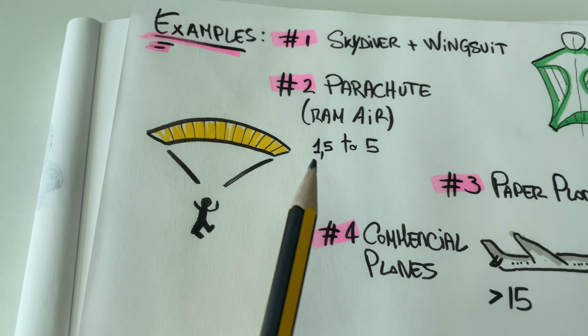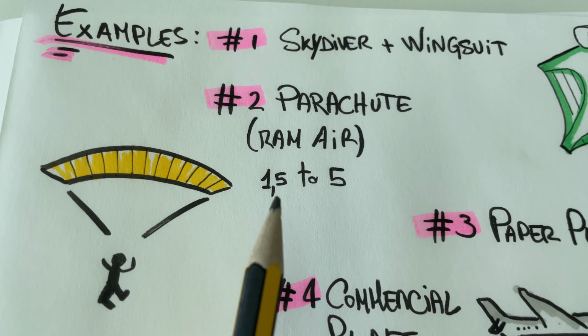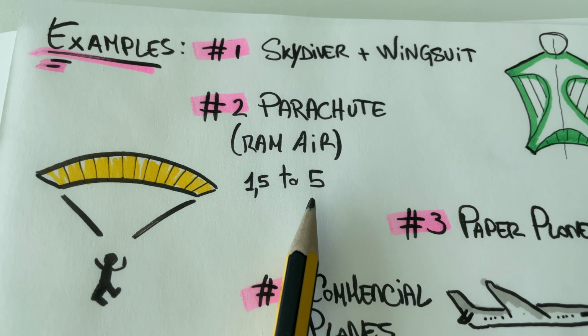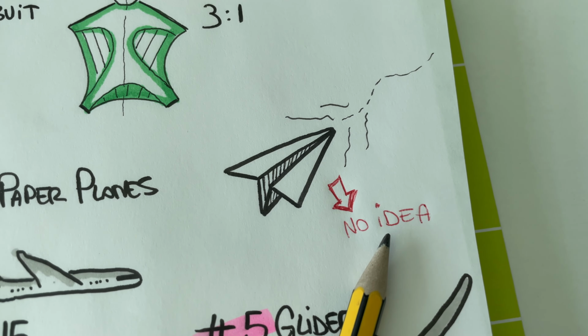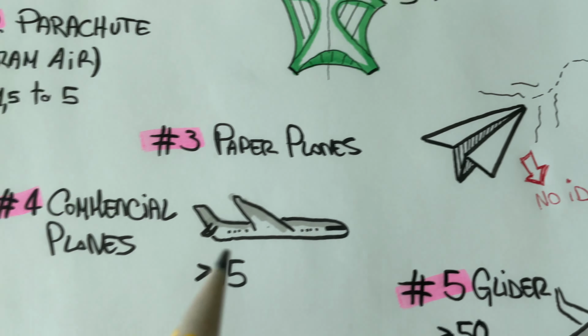So it's a range that can move from 1.5 to 5 in some cases. Example number 3, we have paper planes. I don't know if you have ever seen any competition of these guys making the most amazing paper planes, but I'm sorry, I have no idea of the glide ratio of these flying objects.